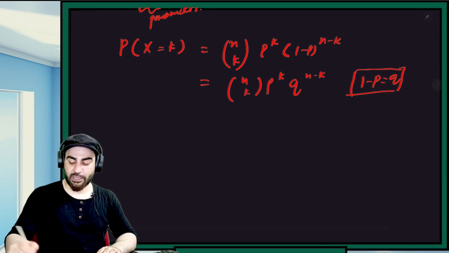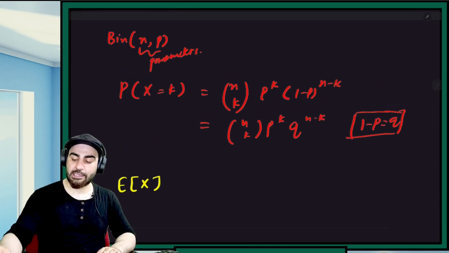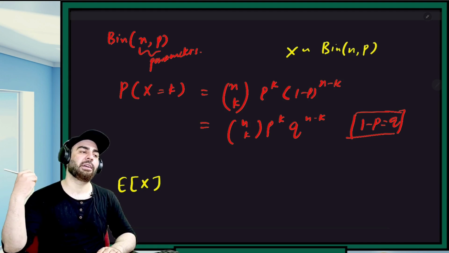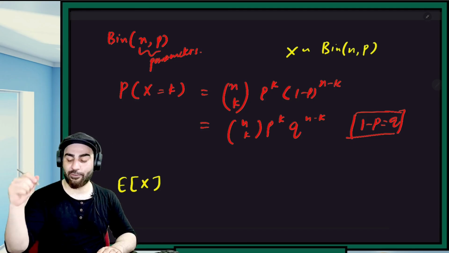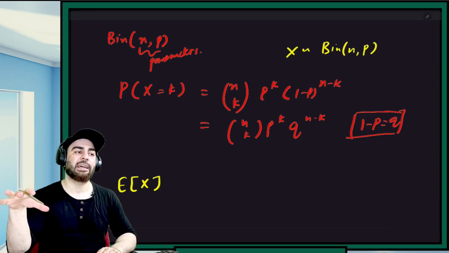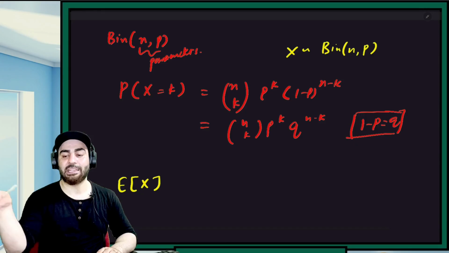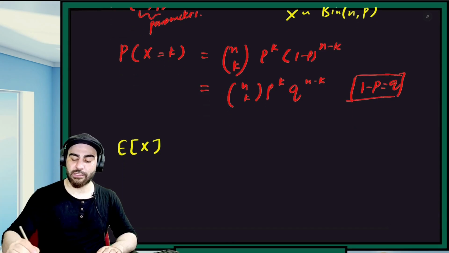We want to find the expectation of x. This x is sampled from a binomial random variable in which we have n trials, and p is the probability of success for each trial, where each trial is a Bernoulli random variable, and the trials are independent. Now in order to compute this, you have to find this.